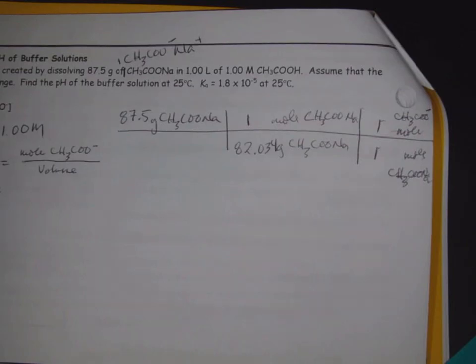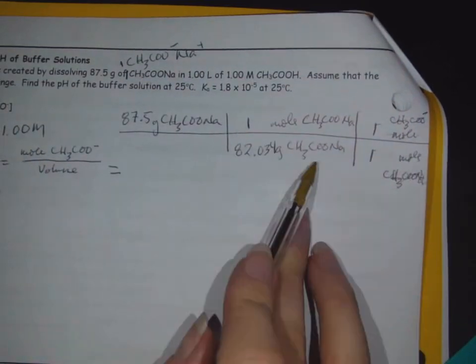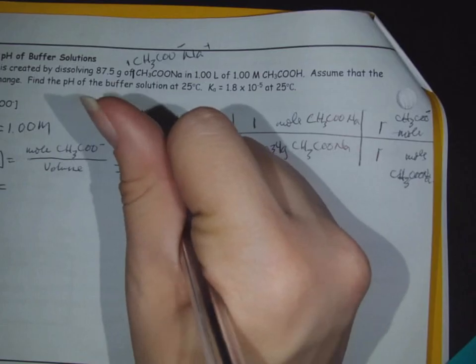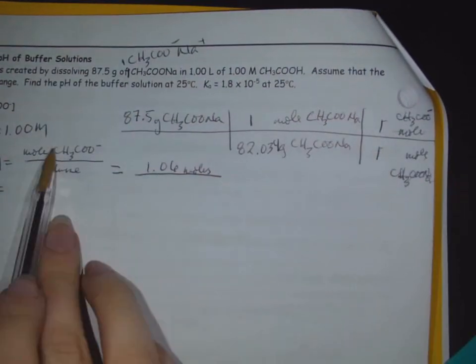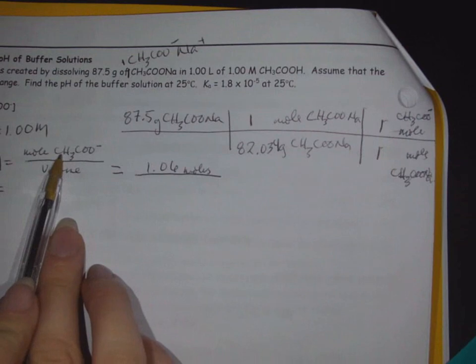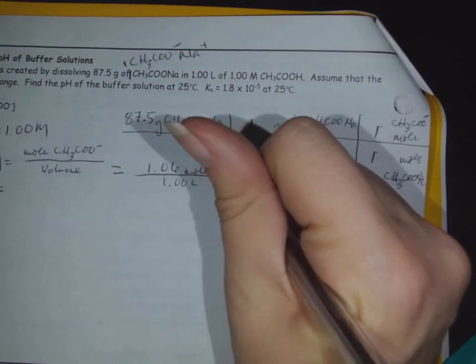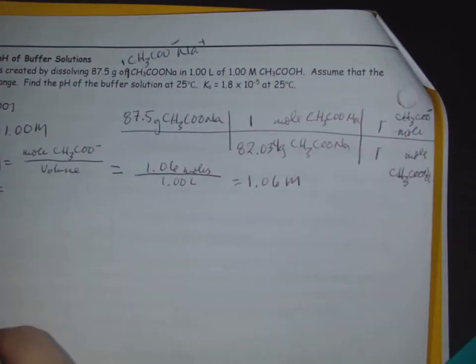So we're going to take 87.5 divided by our molar mass. The answer to this was 1.06, etc. moles of the CH3COO minus. And we're dividing it by 1 liter, so then the concentration equals roughly 1.06 molarity.